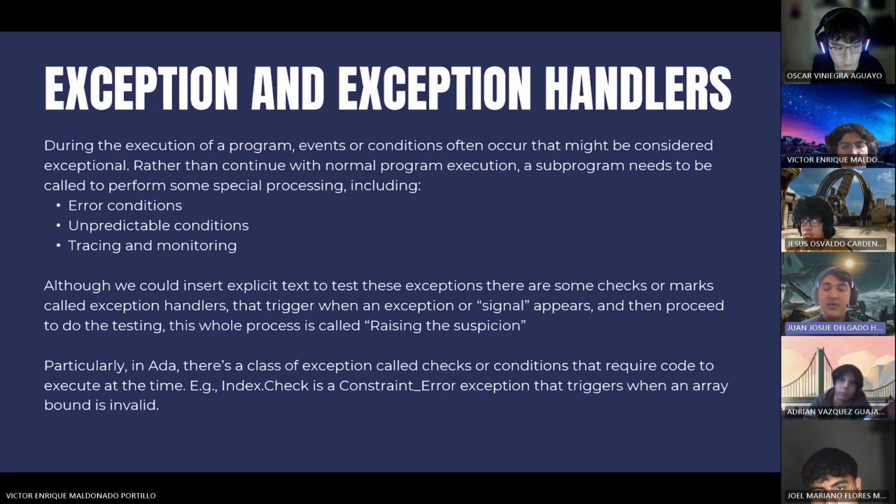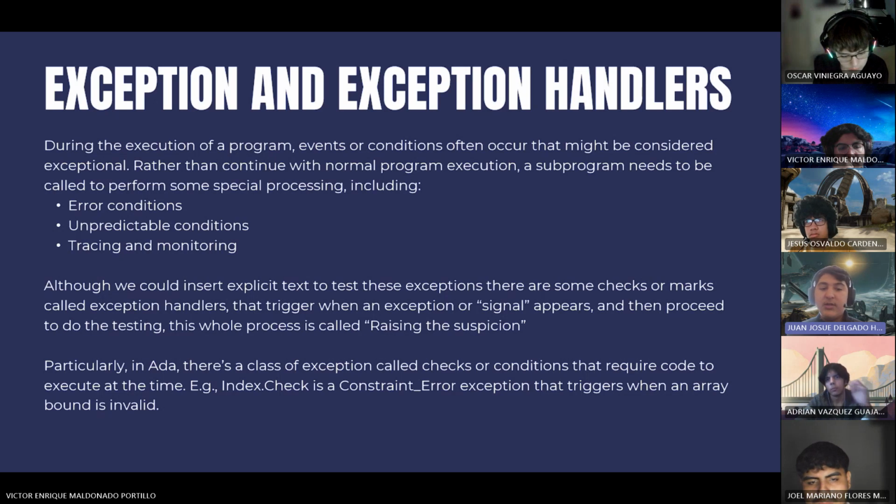Exceptions and exception handlers. During the execution of a program, events or conditions often occur that might be considered exceptional, rather than continue with normal program execution. A subprogram needs to be called to perform some special processing, including error conditions, unpredictable conditions, tracing, and monitoring.